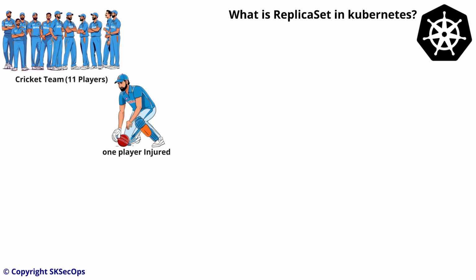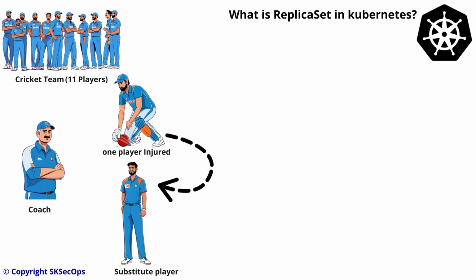But according to the rules of cricket, a team must always have 11 players fielding on the ground. Then the team management or coach decides the substitute player. Now the substitute player will do fielding to support their team. How this cricket analogy is related to ReplicaSet, we will discuss in just a few minutes.